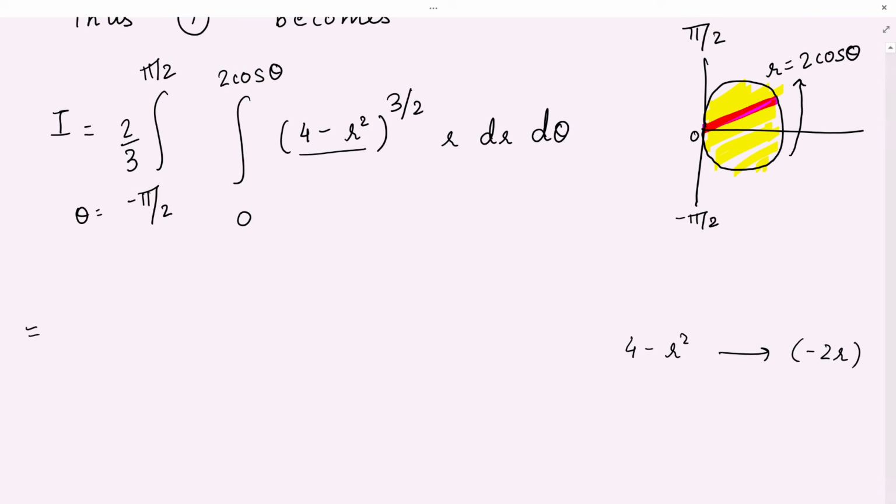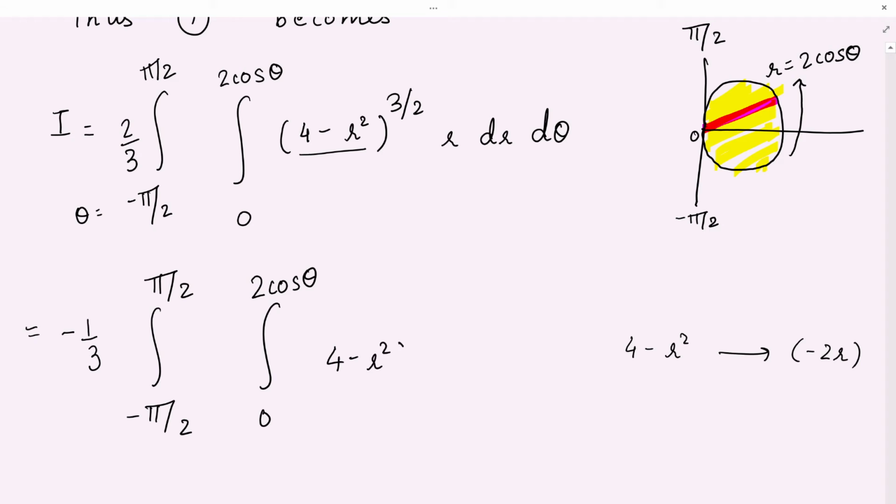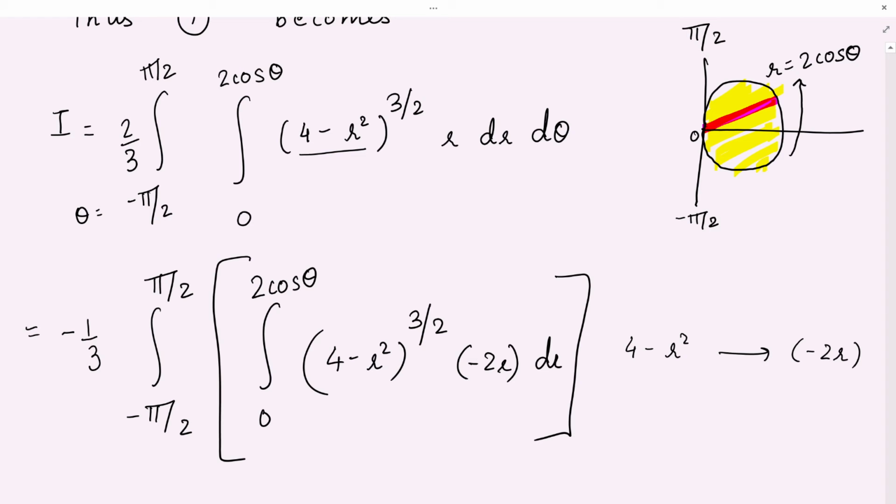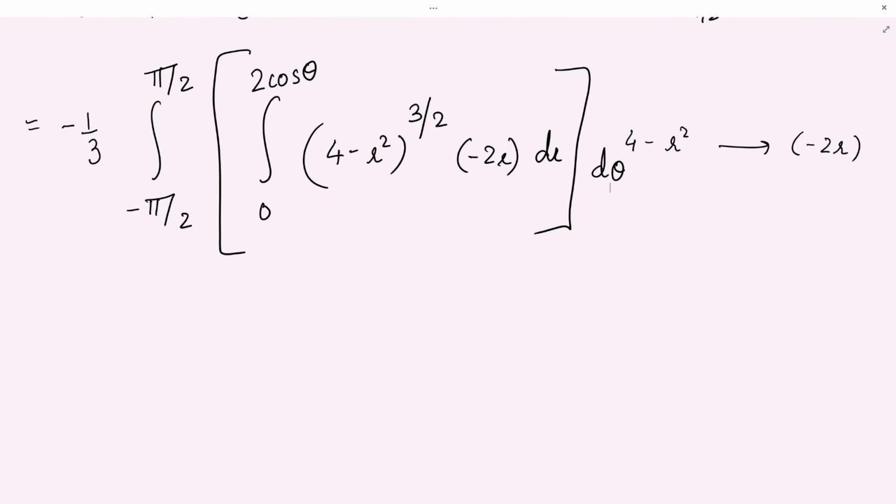So let's take this 2 inside and multiply by minus 1 because you require minus 2, right? So that will be 2 cos theta. This will be 4 minus r square raised to 3 by 2 and minus 2r dr. So let's integrate with r first. Right? So this can be written as what? n plus 1 upon n plus 1. I have used that formula, so that will be minus 1 by 3.